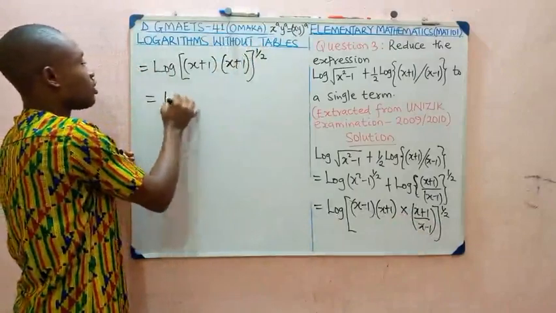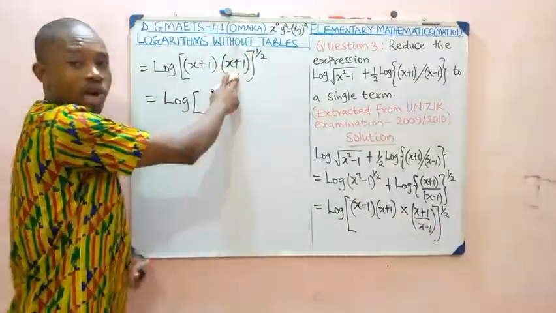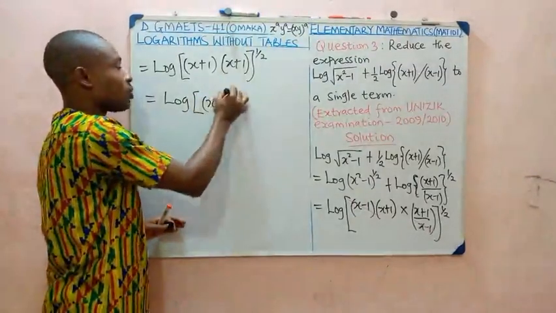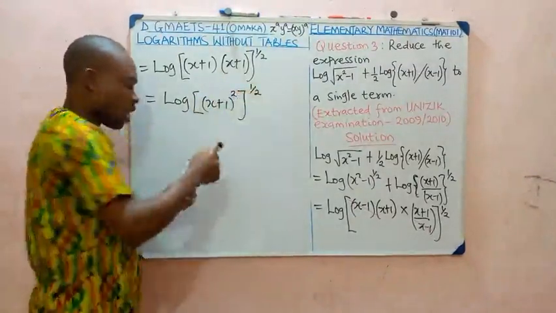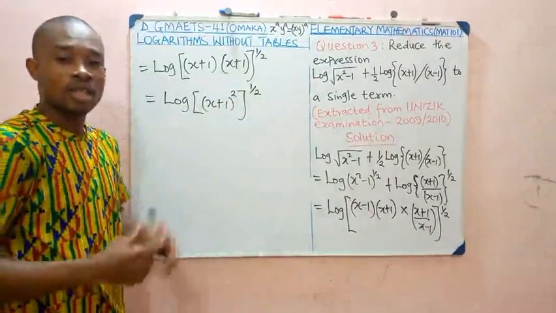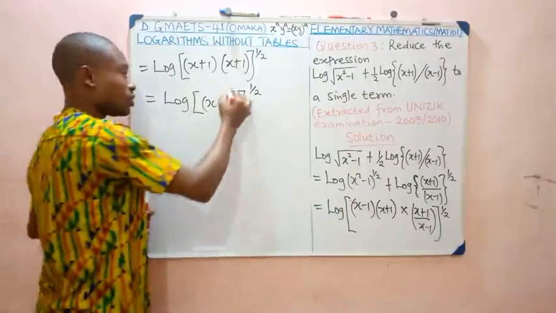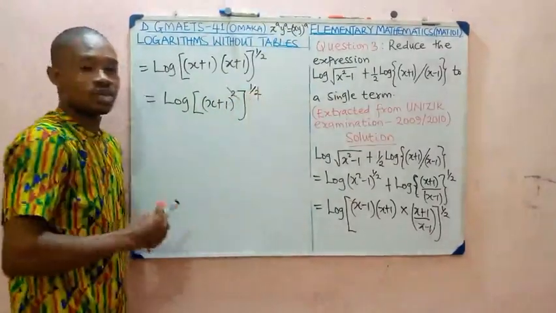1/2. And then this will give us log, the same term in the bracket here, so it's going to be x plus 1. As we're multiplying that, it will be raised to power 2. Then power half outside. Once again, by power law of indices, the powers multiply out, so these 2 will cancel these 2.